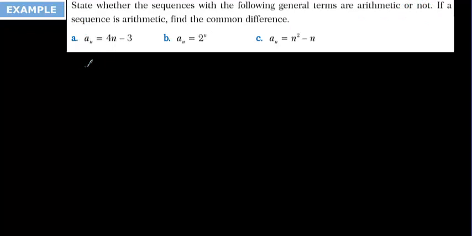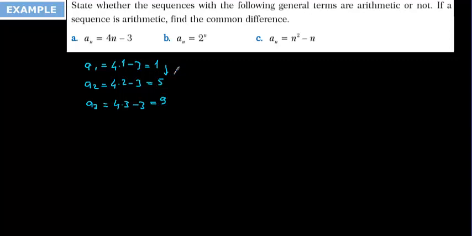An easy way to understand this is to write out the terms of the sequence. Let's say a1 is equal to 4 times 1 minus 3, a2 is equal to 4 times 2 minus 3, and a3 is equal to 4 times 3 minus 3. So a1 is 4 minus 3, which is equal to 1. 4 times 2, 8 minus 3 is equal to 5, and 4 times 3, 12 minus 3 is equal to 9.